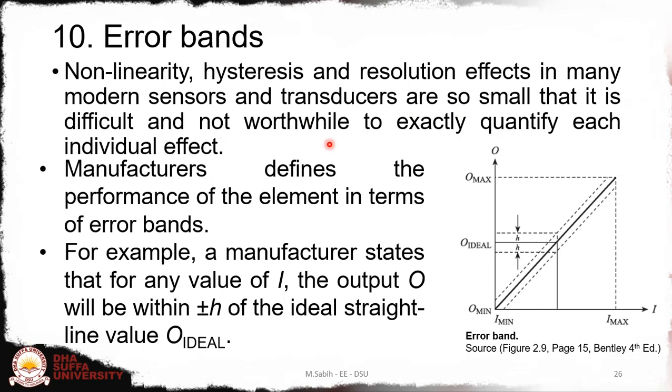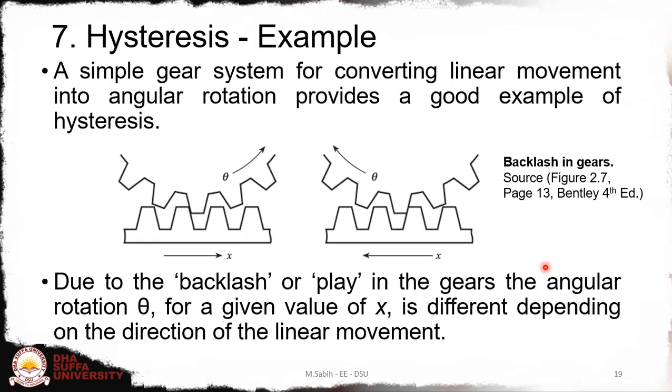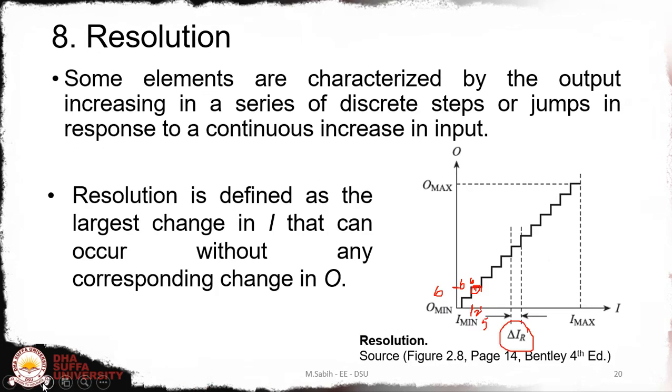So the easiest way to describe the deviation is that manufacturers will define the performance of an element in terms of error bands. Error bands are what? For example, this is again the deviation. This is the straight line that we require, and this is the maximum deviation.